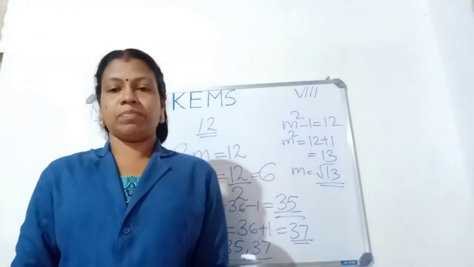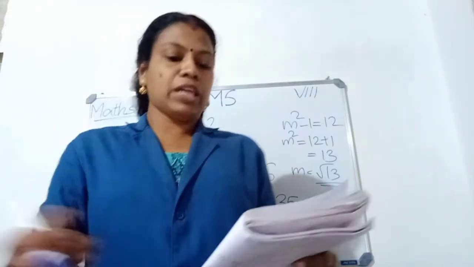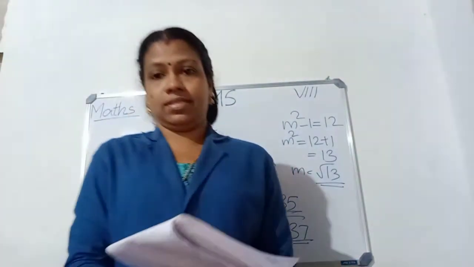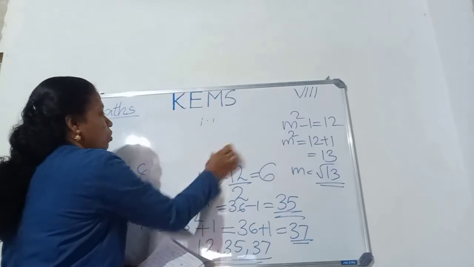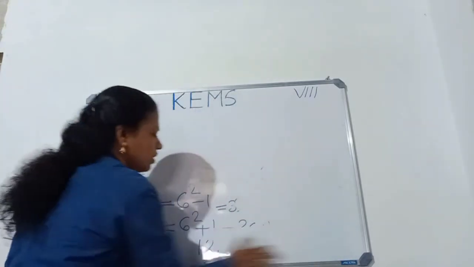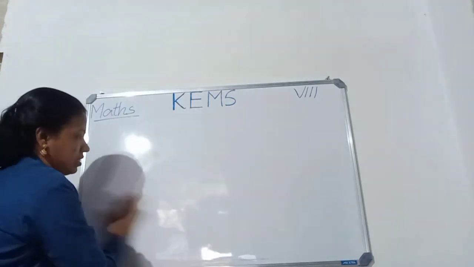This way you can find. Now it's clear. Okay, one more. Write a Pythagorean triplet whose smallest member is 8. So use this method. The same way you can find m first.